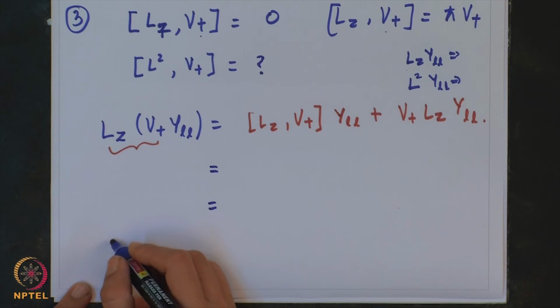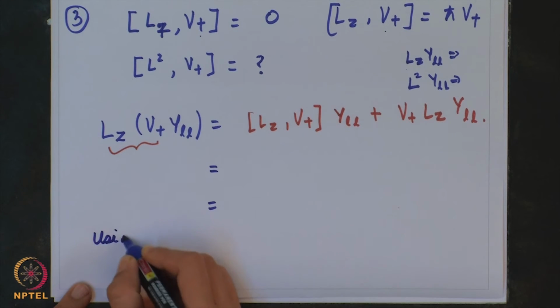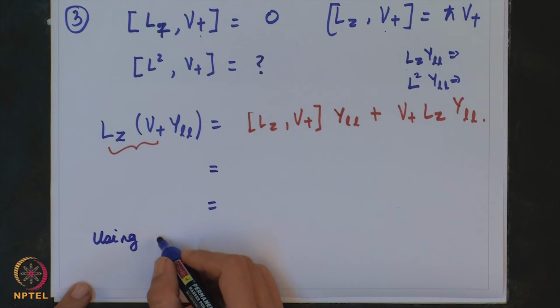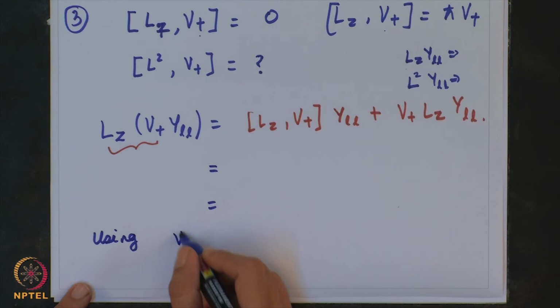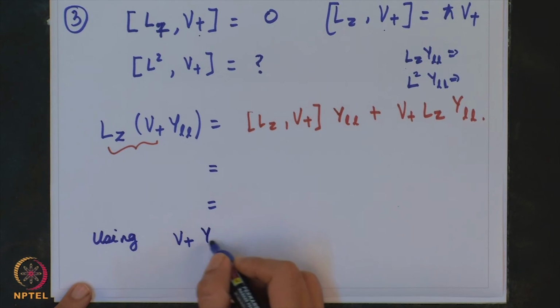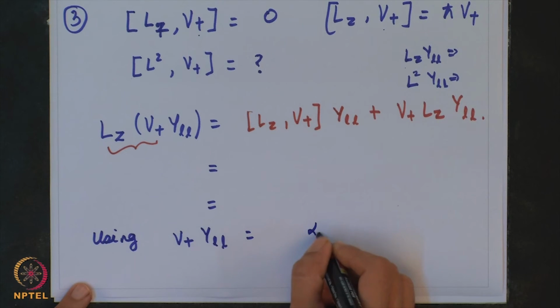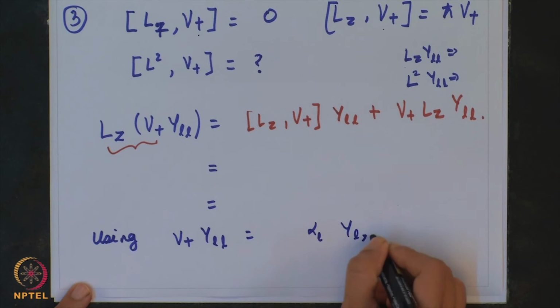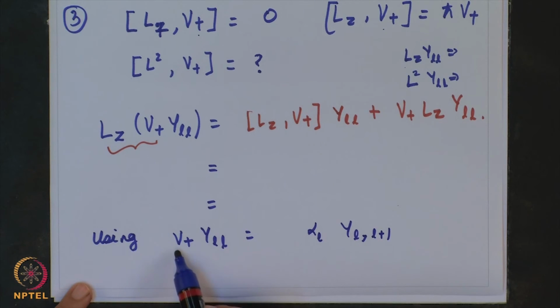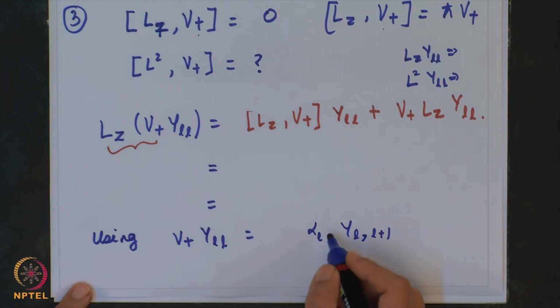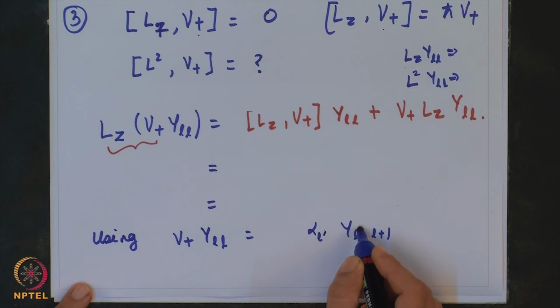In the second part, using the same analogy, using the fact that V plus when operated on |Y_LL> would give some alpha L prime Y_L prime, this ladder operator takes you from L to L plus 1 and beyond, where L prime is some value going from L plus 1 to infinity.